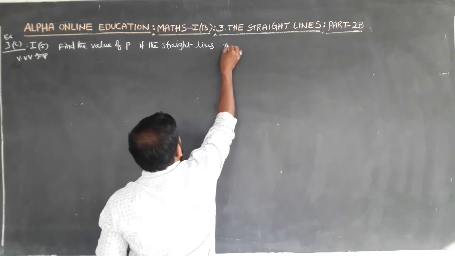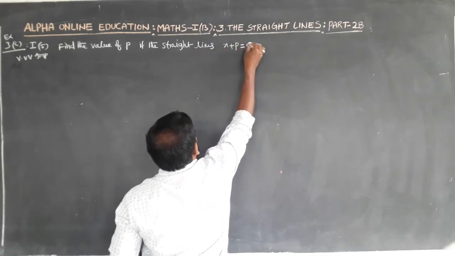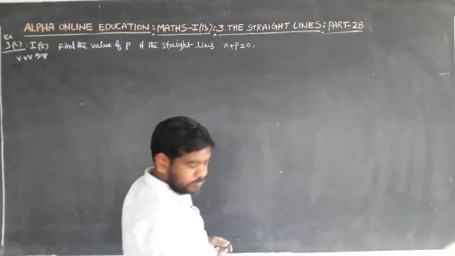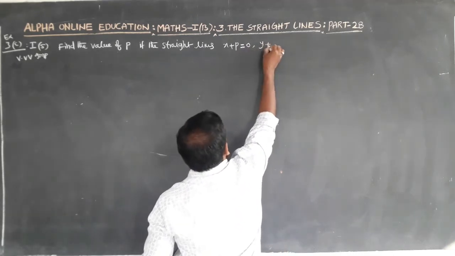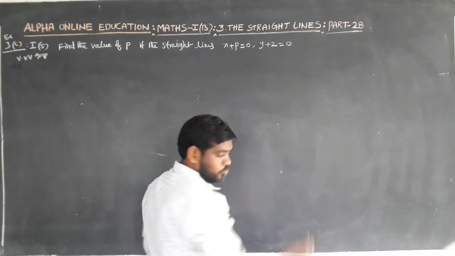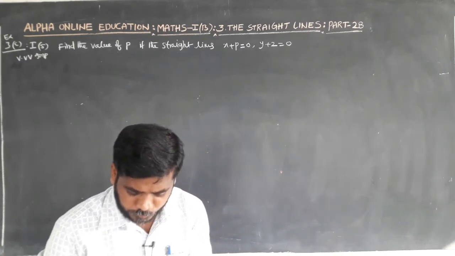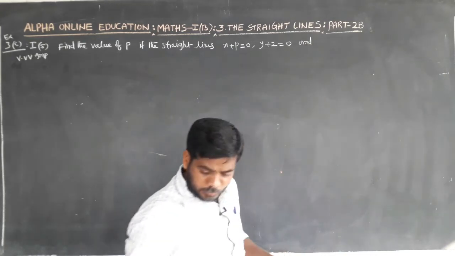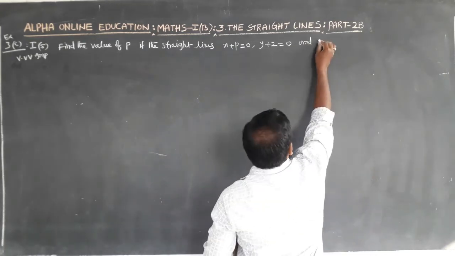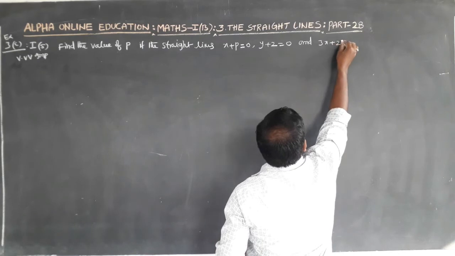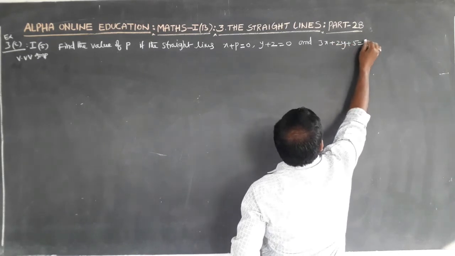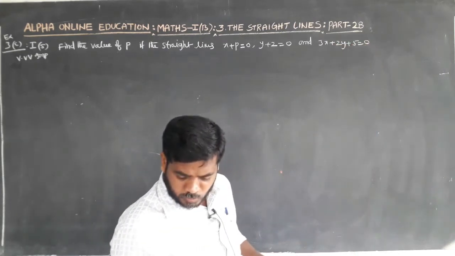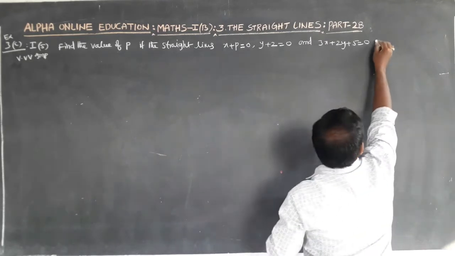x plus p is equal to 0, y plus 2 is equal to 0, and 3x plus 2y plus 5 is equal to 0 are concurrent.